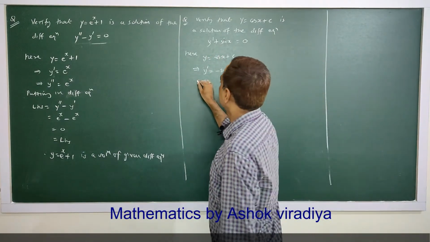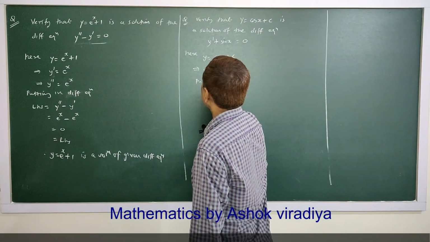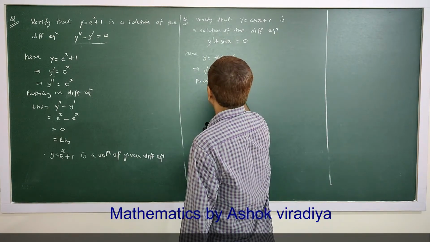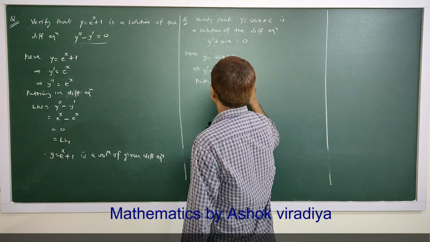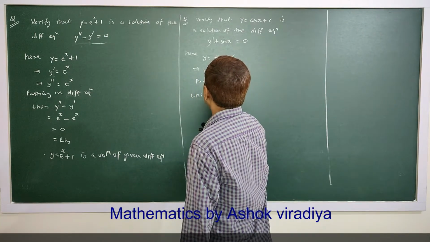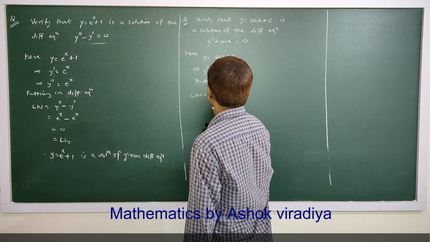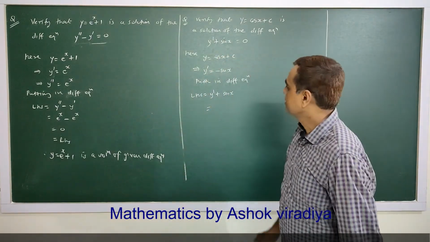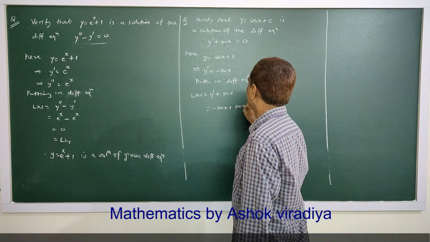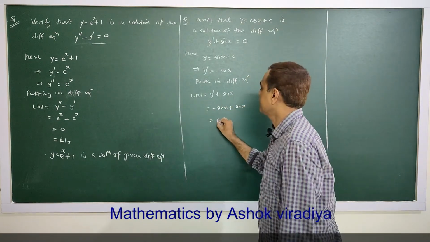So LHS, putting in the given differential equation, LHS is y dash plus sin x. Now y dash is minus sin x plus sin x as it is, so it is 0.